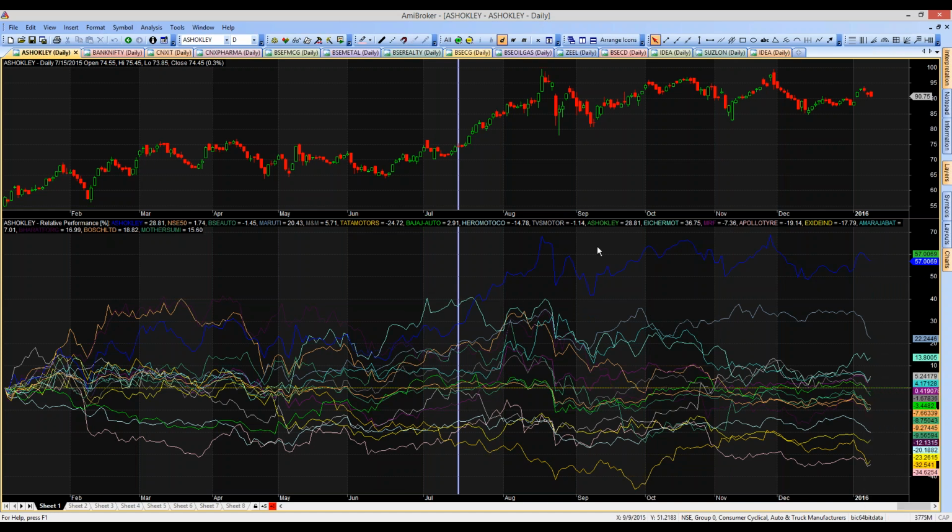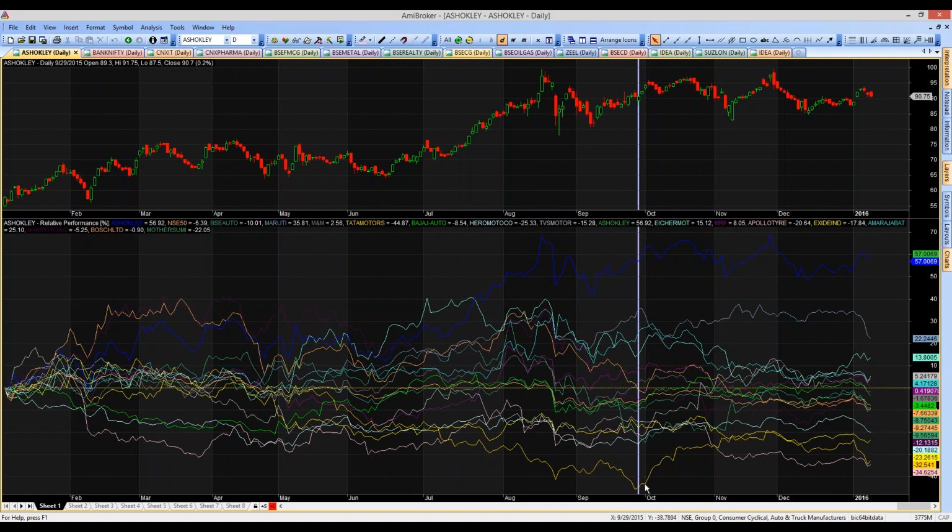In the last 1 year, that's the one which has done the best, and that's the one you should be holding, right? Having said that, let's look at the middle one. There's this bright green neon line, and that is Bajaj Auto, right in the middle there.